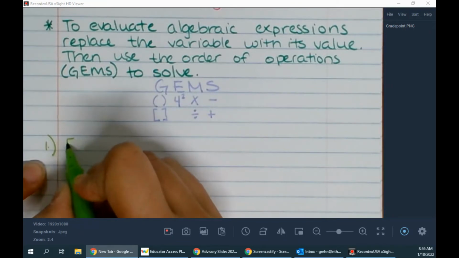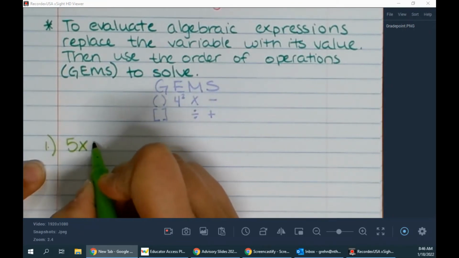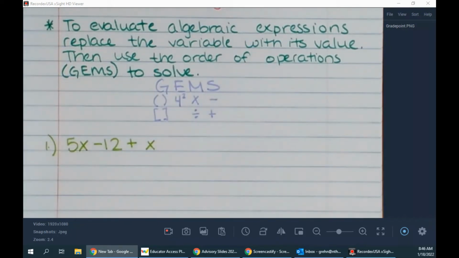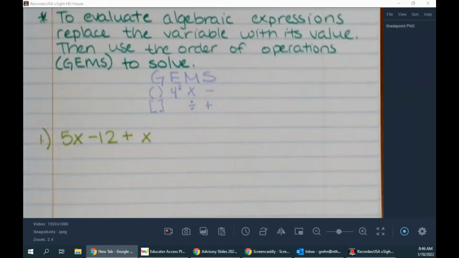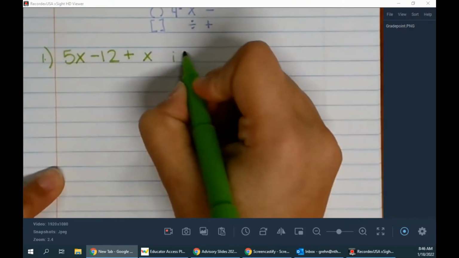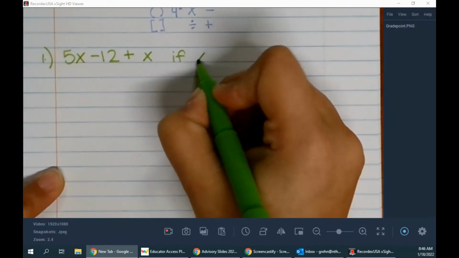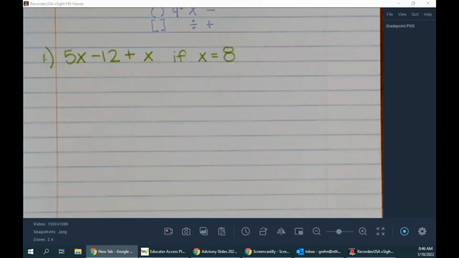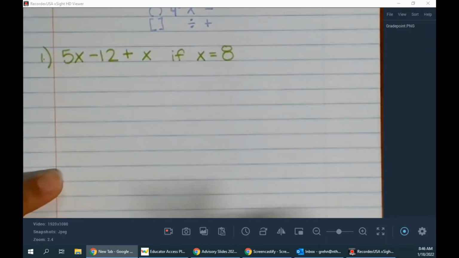So for this first one, we have 5x minus 12 plus x. Right now I can't really solve this expression because I don't know what x is. However, if I tell you that x equals 8, now we can actually solve the expression. It's important that you show all your steps here, just like we did with order of operations.